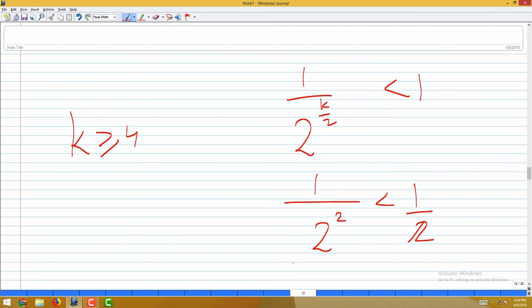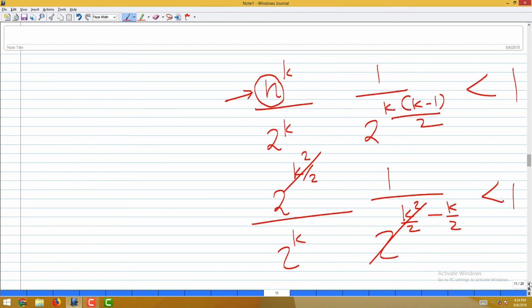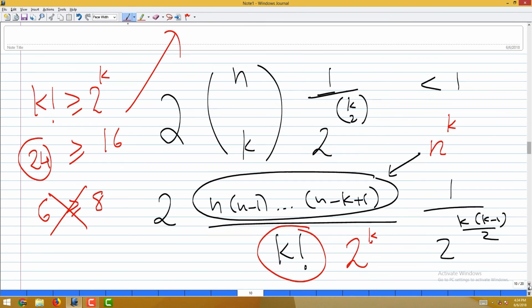It is less than or equal to 1 by 4, less than 1 by 2. There was a 2 term earlier also, 2 into n choose k.